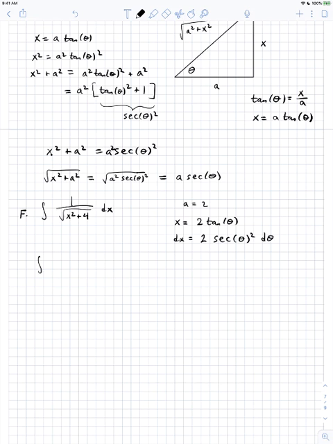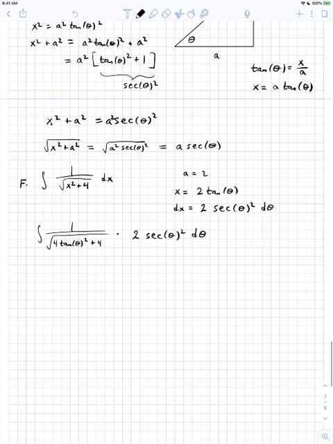And so we have the integral 1 over the square root of x squared, which is 4 tangent squared theta, plus 4, times dx, which is 2 secant squared theta d theta. And as we've just discussed, tangent squared plus 1 is secant squared, so this is 4 times that.